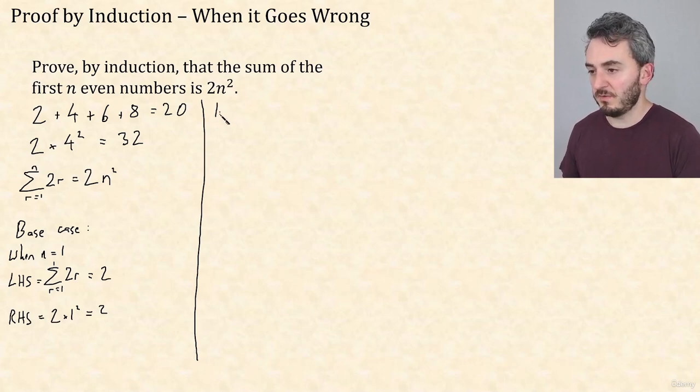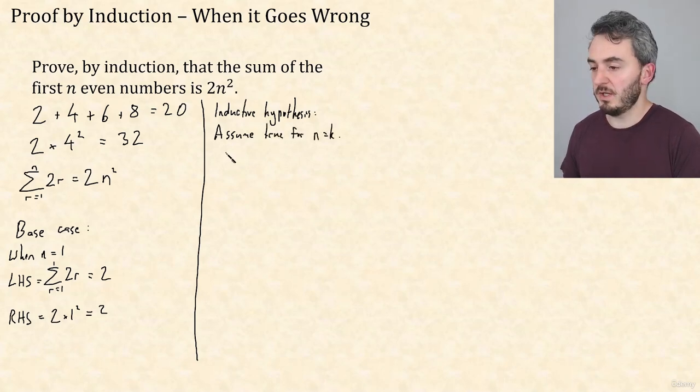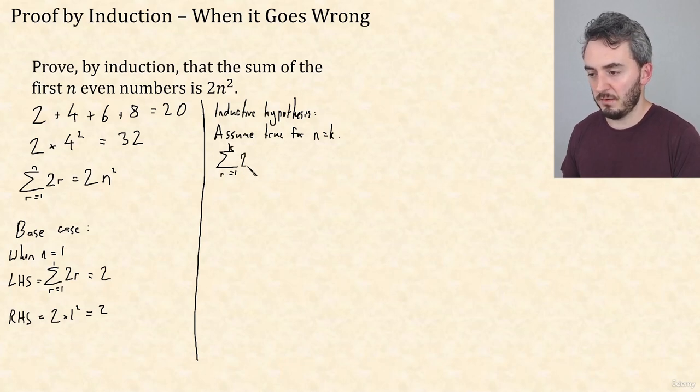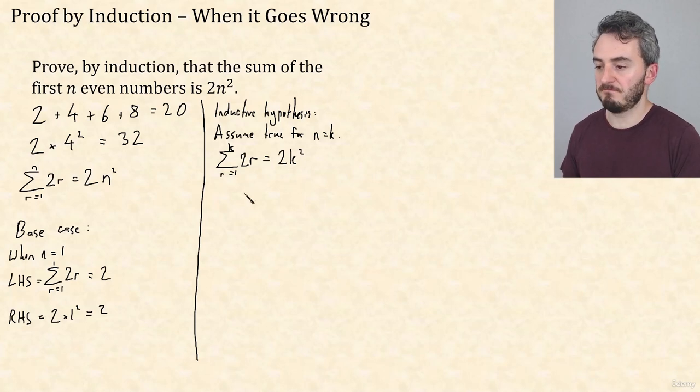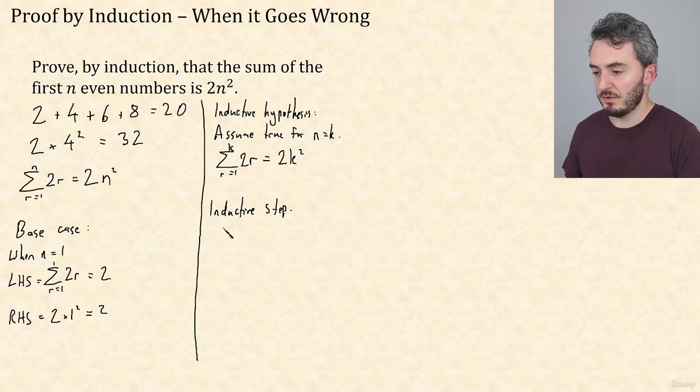So now we've got our inductive hypothesis. We assume it's true for n equals k, which means that we can use the result that the sum from r equals 1 to k of 2r is 2k squared. And then we've got our inductive step. So now let's see where this goes wrong.